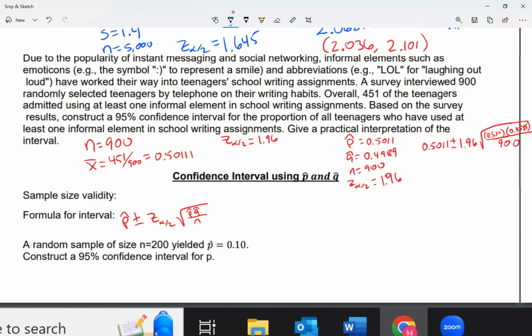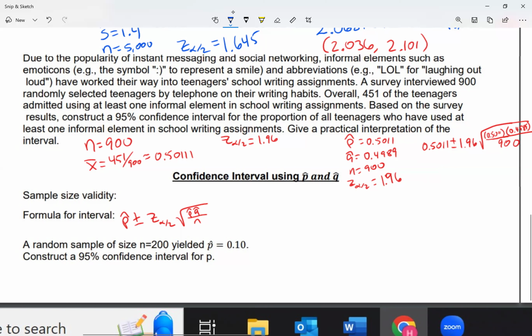Okay, let's see. If I use the minus sign, 0.5011 minus 1.96 times the square root of 0.5011 times 0.4989 divided by 900, according to my calculator. Feel free to pause this video, type it in, and make sure you get the same number that I do.